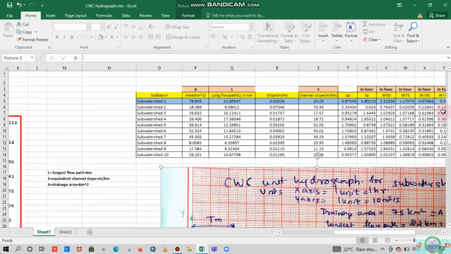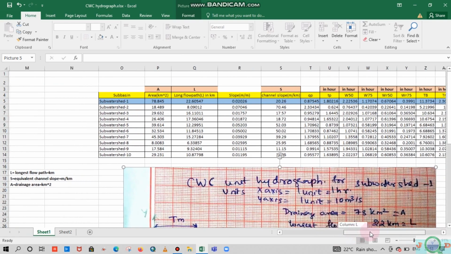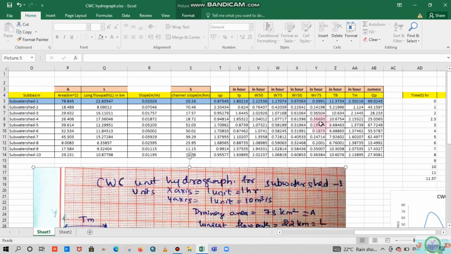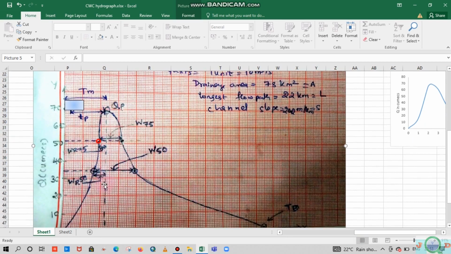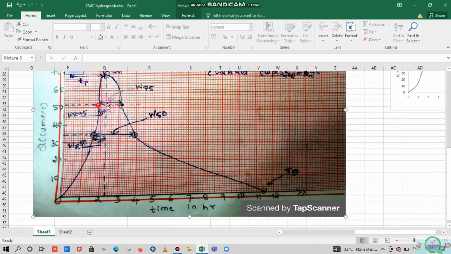The width of this rising limb, suppose WR50, is 0.67. So here I marked 0.67 from this Tm ordinate, the time ordinate. This is 2.3. From 2.3 I marked 0.67 on the left-hand side, on this rising limb. And same for WR75, I have marked these points on this graph sheet.